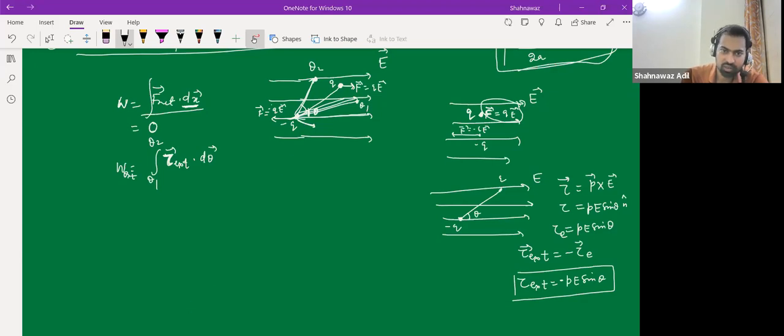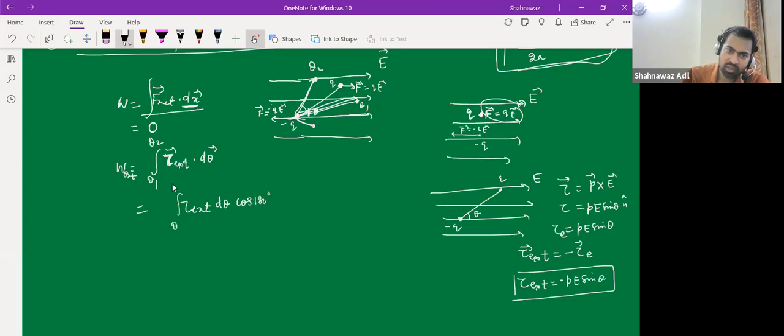Saad got disconnected. So then the angle between torque external and d theta is what? 180-degree, right? This is in this way, this is in this way. So 180-degree, which means that tau external d theta cos of 180, right?